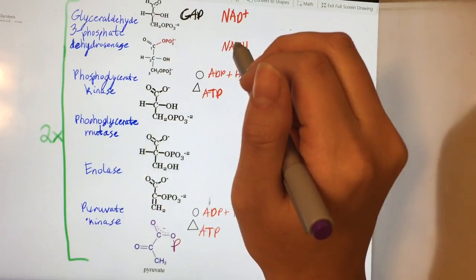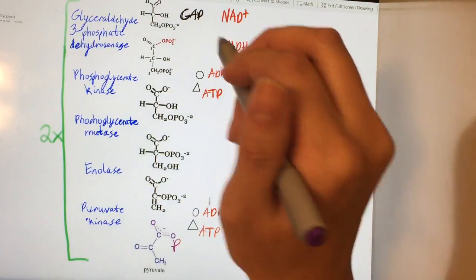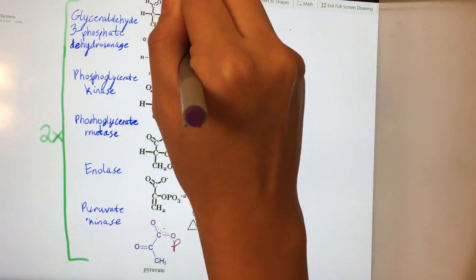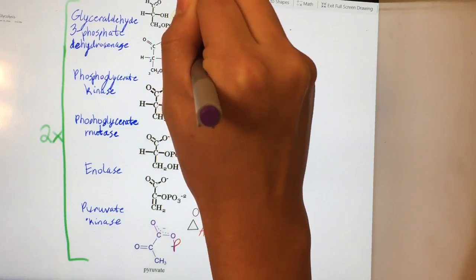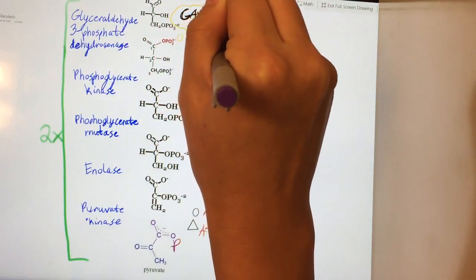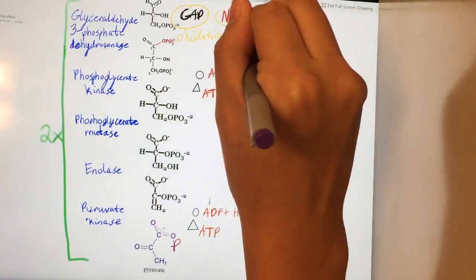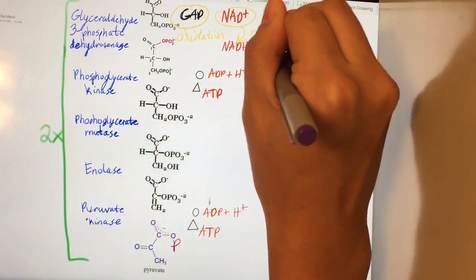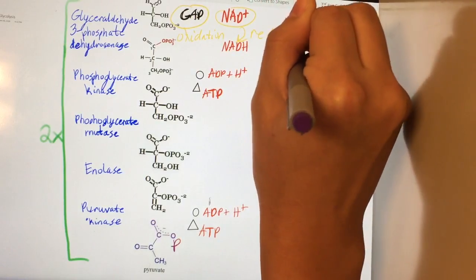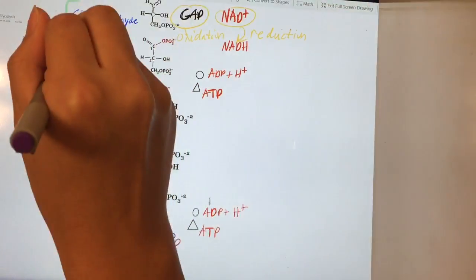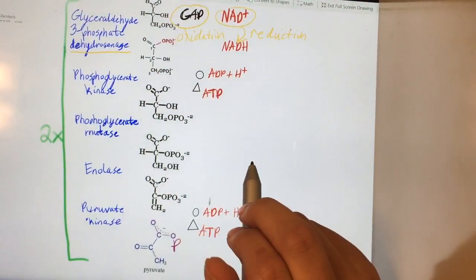In stage 2, a redox reaction converts glyceraldehyde 3-phosphate into 1,3-bisphosphoglycerate. This reaction is catalyzed by the enzyme glyceraldehyde 3-phosphate dehydrogenase. Glyceraldehyde 3-phosphate is oxidized and NAD+ is reduced to NADH.